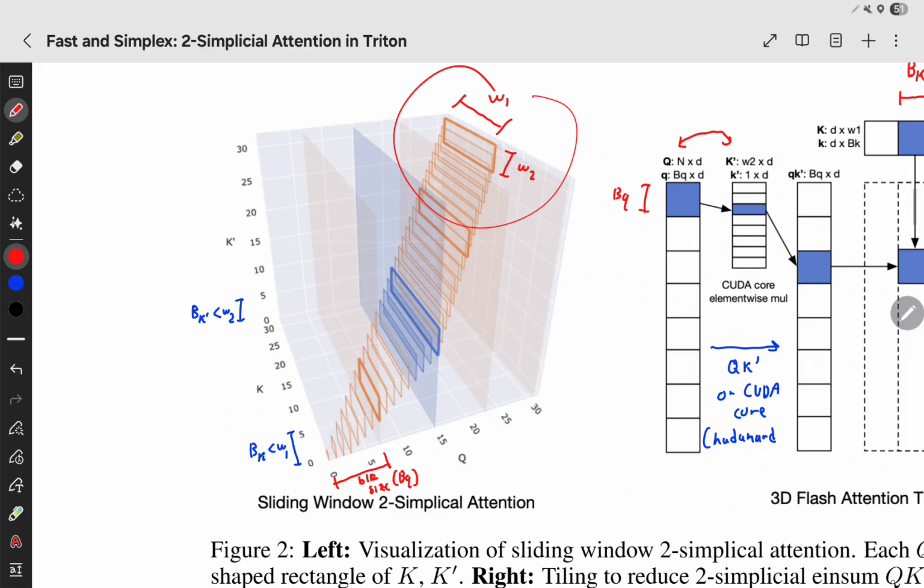This is your window shape, and it grows starting with a window size of 1 because of causal masking, and it grows as you increase the sequence length until it reaches full window size. This is just normal sliding window attention. It just has a third axis for your window size.